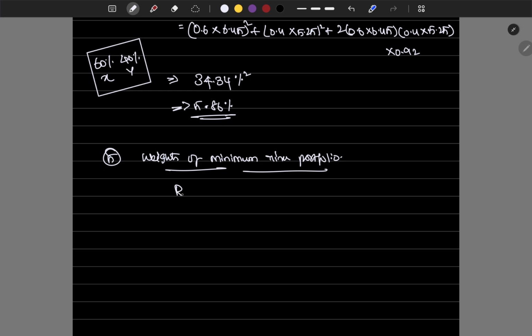Okay, how does the risk get reduced? Risk reduction of a security is equal to standalone risk minus combined risk, which is covariance.